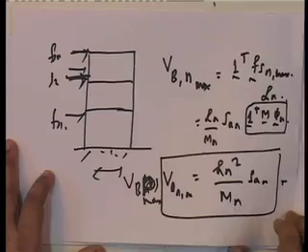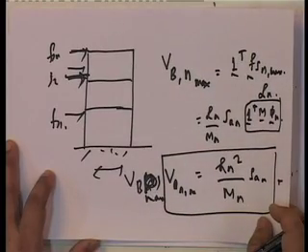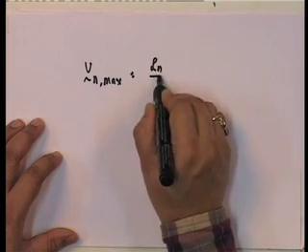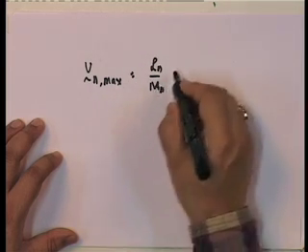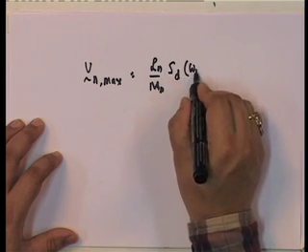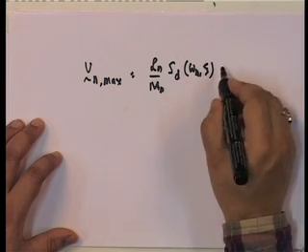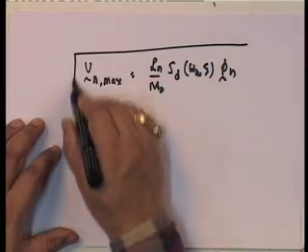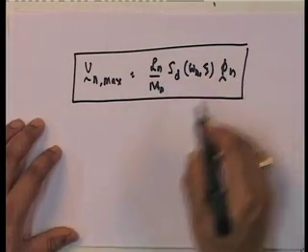Okay. So what we have finally done is, in the nth mode, this is equal to Ln upon Mn Sd(omega n, xi) into phi n. So this is my displacement.